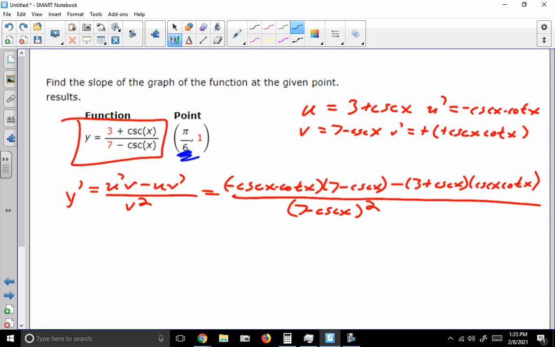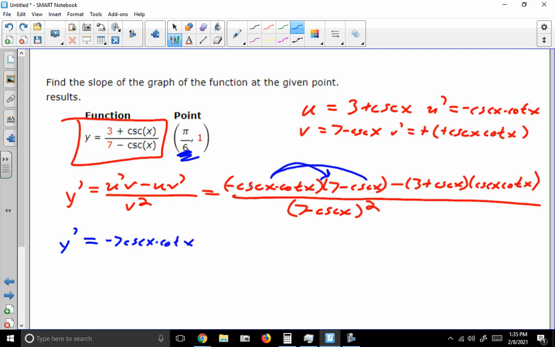So instead of distributing, combining like terms and so forth, let's just plug in pi over 6, or do we want to simplify? I don't guess it'll hurt to distribute. Let's do that for kicks. So if we distribute here, we're going to get a -7 cosecant cotangent.